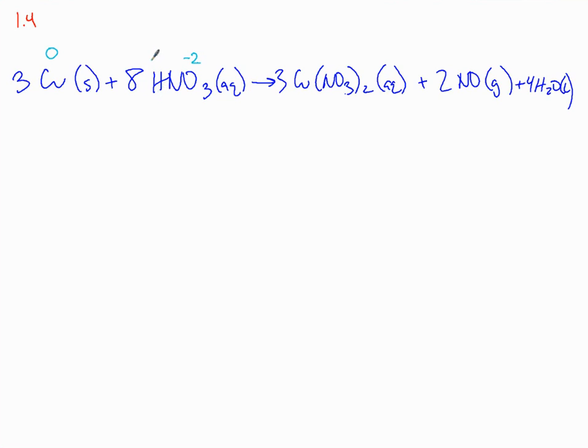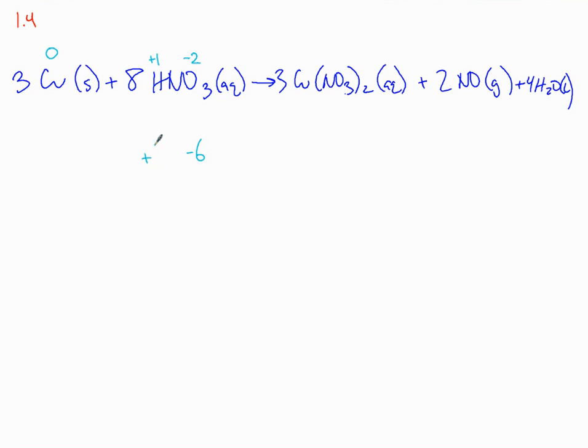And hydrogen is +1. These are ones that we can generally rely on. Hydrogen and oxygen are always going to be the same. So that leaves us with this nitrogen. So we have an oxidation number of -2 for oxygen. Then there's 3 of them. So overall that would be a -6.